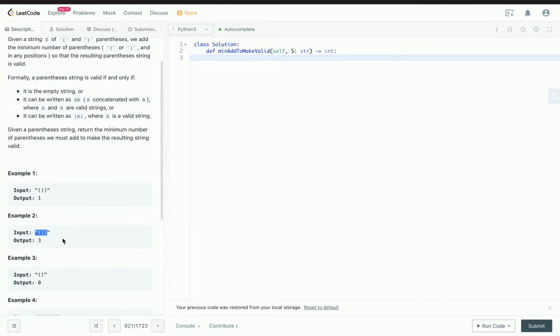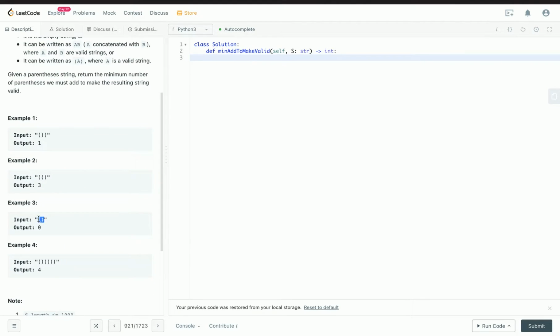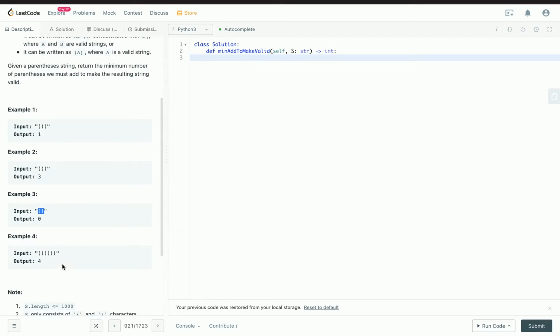For this example, there are 3 left parentheses and they're not closed by right parentheses, so the output should be 3. And for this one, they offset each other, so the output should be 0. And for this one, these parentheses are matching, so they offset each other.